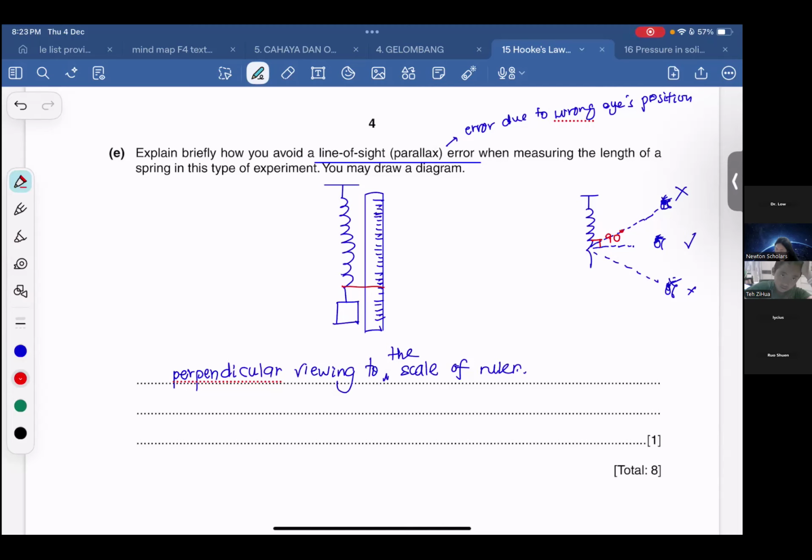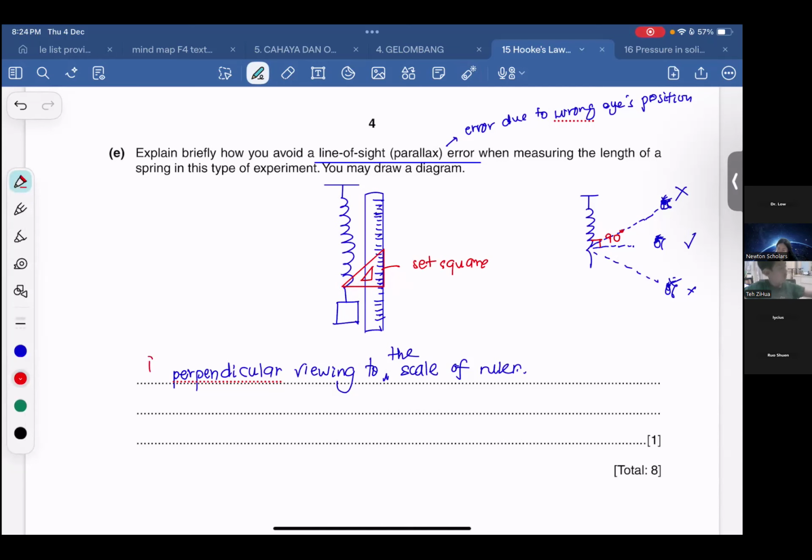We can draw a set square. Then label the set square. The set square is one of the methods helping us to avoid the parallax error because it shows us this is your correct scale. Okay, helping us as a horizontal reference.